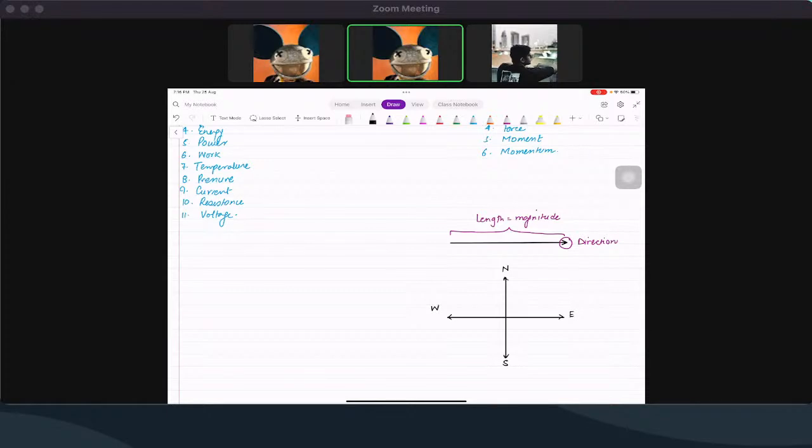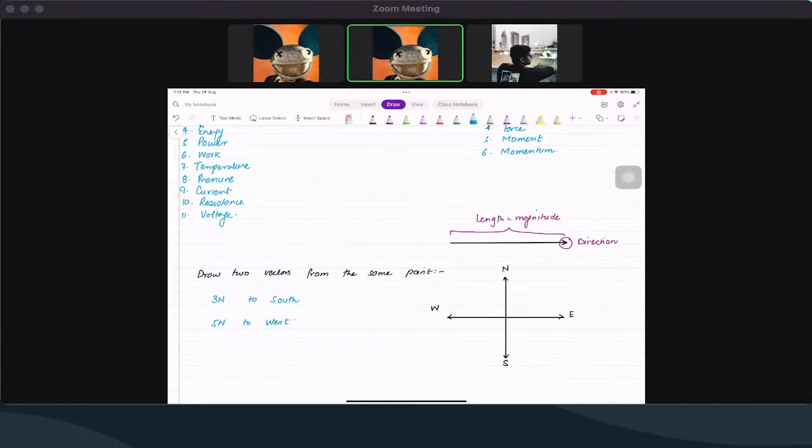The thing is that, let's suppose they say you got to draw two vectors from the same point, say 3 newtons to south and 5 newtons to west.